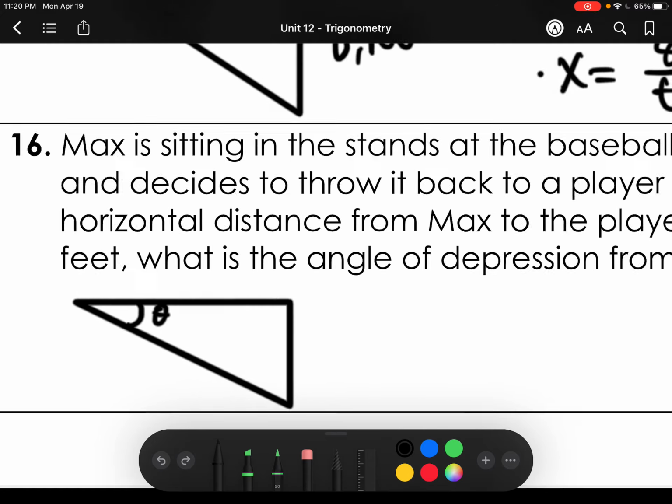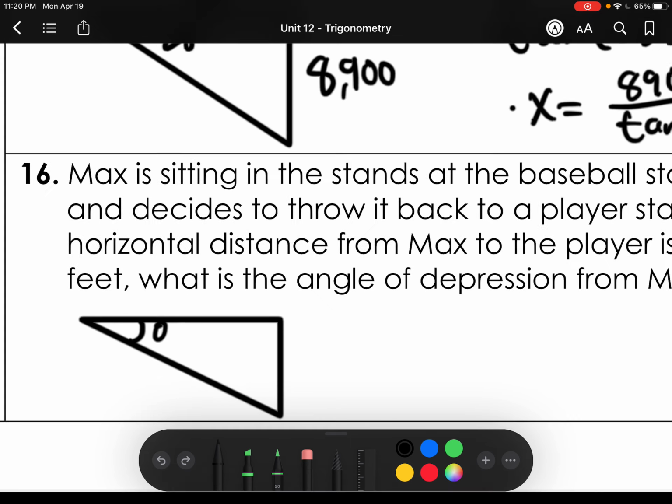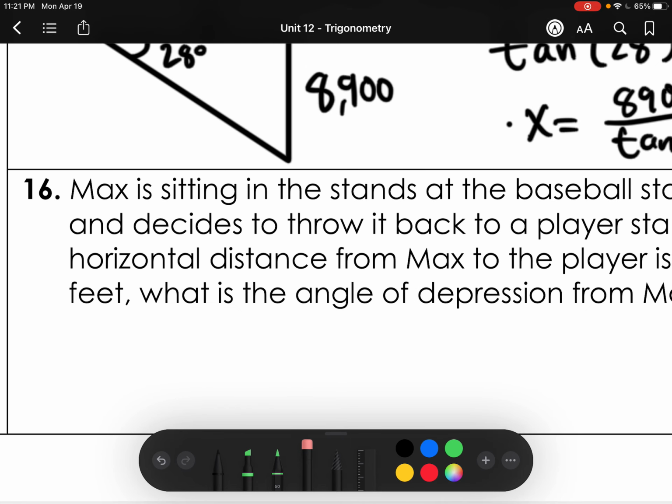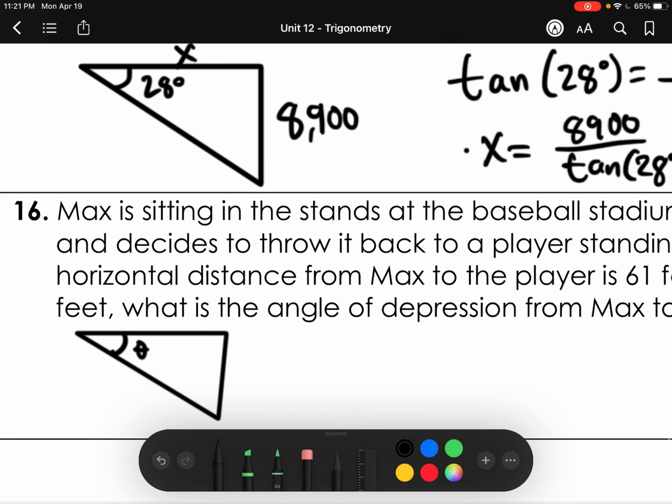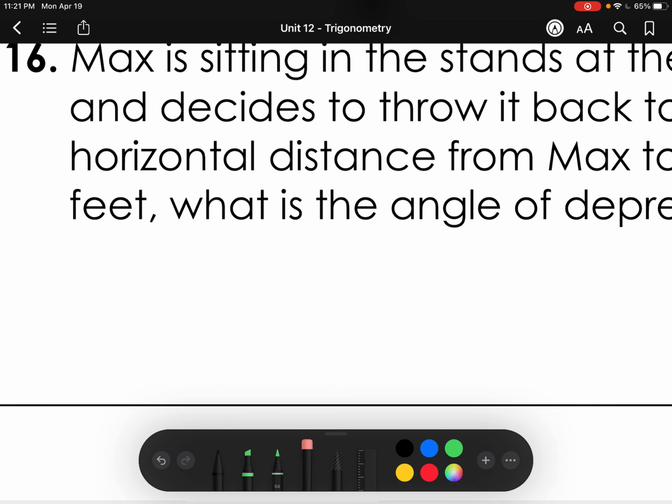And we're going to look for what the measure of theta is. All right, so this is theta.